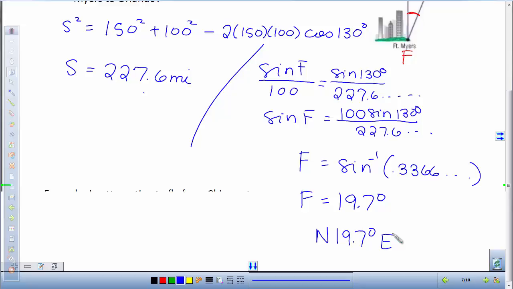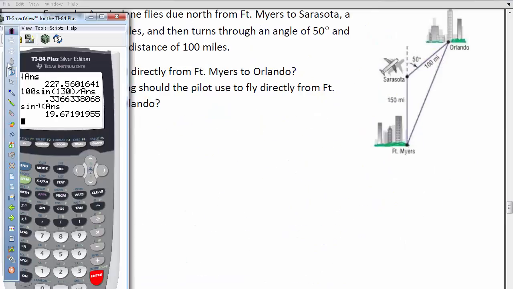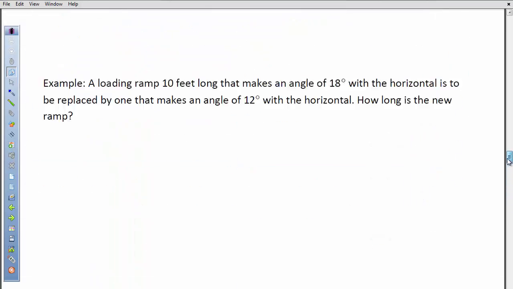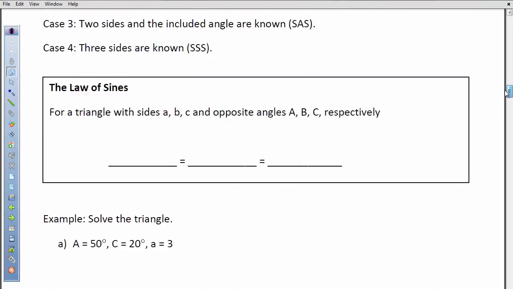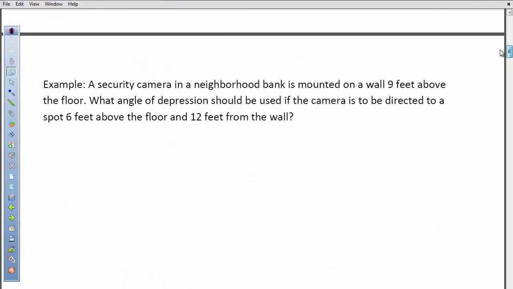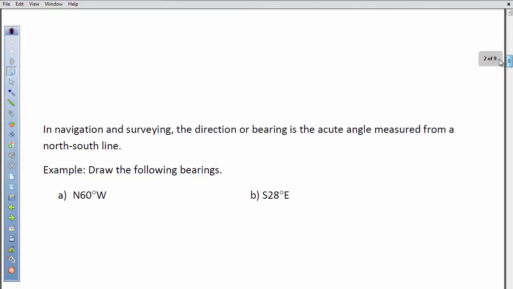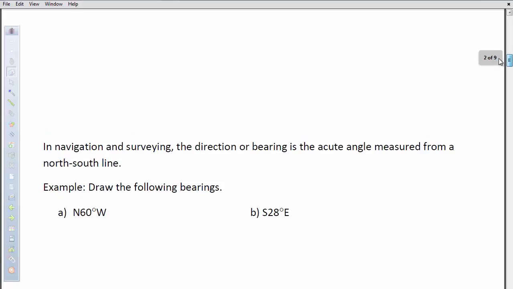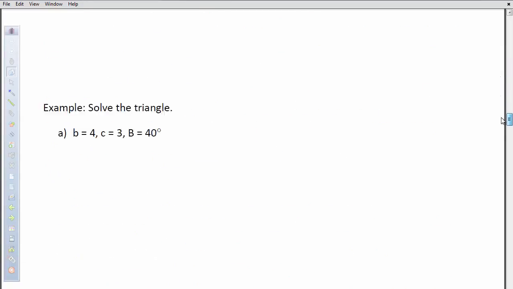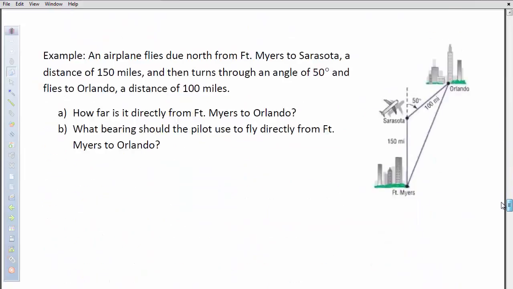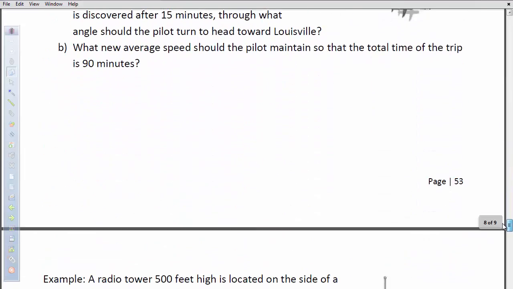Remember when you hear those words bearings and headings, if we need to, we go back to the definitions, which we talked about last week. So I'm going to refresh my memory because I do forget sometimes. Oh, there it is. Bearing is measured from a north-south line. So this is bearing. If it had said heading, then we'd need to do it slightly differently.